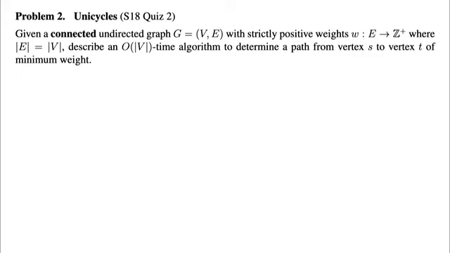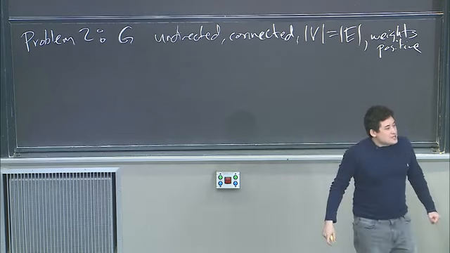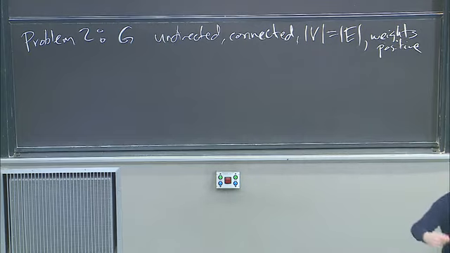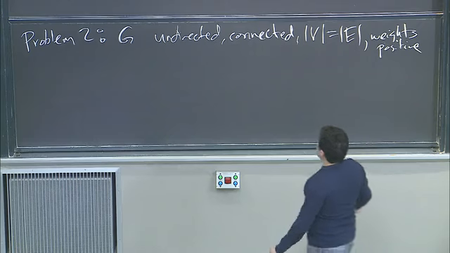Now, if we were just given this graph and wanted to solve this problem, a very easy way to do that would be to just say, let's run Dijkstra on the graph, right? This is a graph. It has only positive edge weights. Run Dijkstra on this graph. How long does Dijkstra take on this graph?